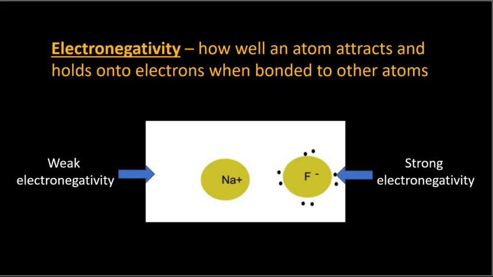What you can see happens is the sodium literally just gives up its electron. It only has one valence electron, and it gives it to the fluorine. The sodium becomes positive since it's lost something negative, and the fluorine, which is gaining something negative, becomes negative. Okay, so that is the third scenario of how things are going to work.